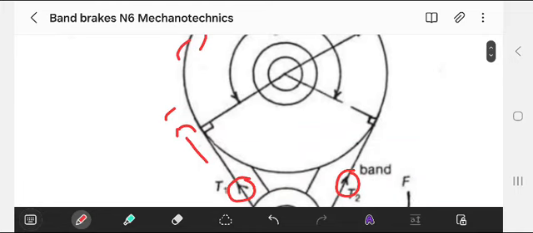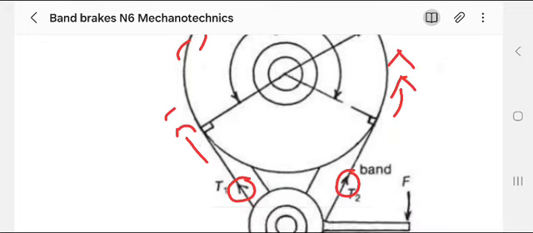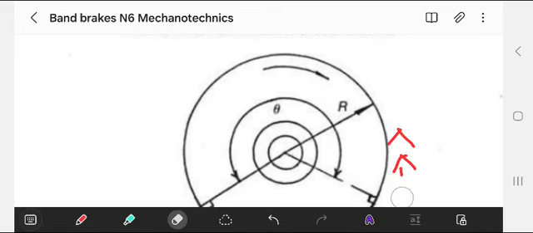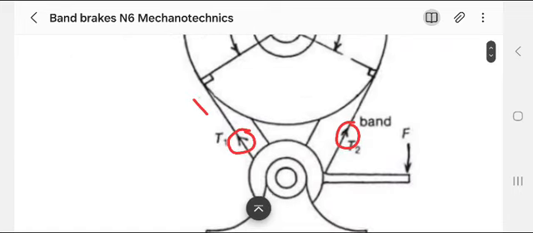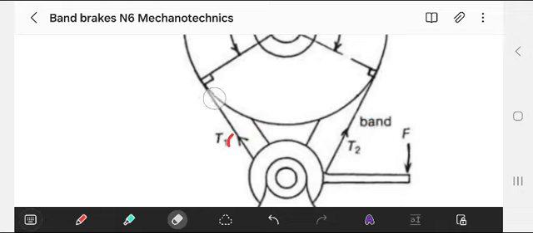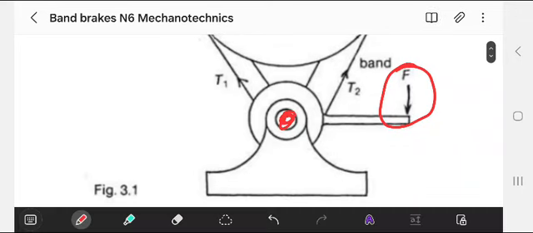T2 will be opposing, going in that direction, opposing the direction of rotation. Hopefully you saw that, guys. As you see this, here we'll have a force applied. We'll talk about that. We have the pivot there, and that will be where our force is applied.